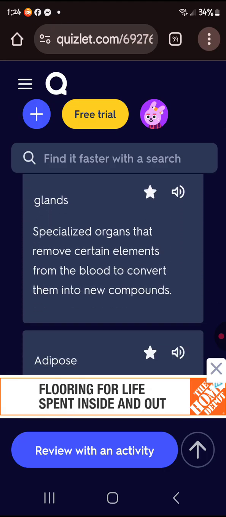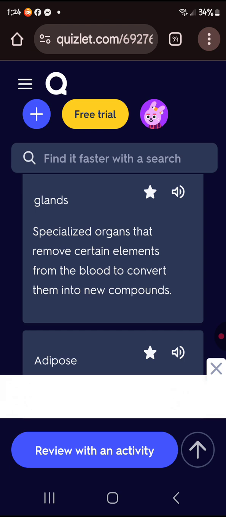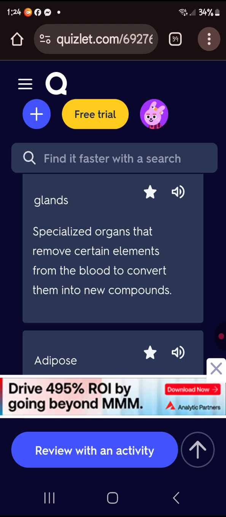Glands: specialized organs that remove certain elements from the blood to convert them into new compounds. So glands are organs.